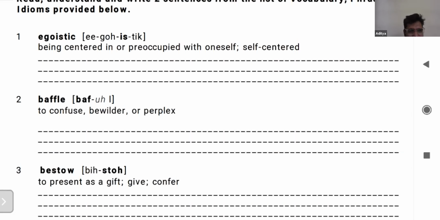Yeah, the correct way to say it would be, it was a baffling situation for me. Yeah, you can write it down. It was a baffling situation for me means it was a confusing situation. Right. I just couldn't understand what that coding was all about. It was completely baffling.